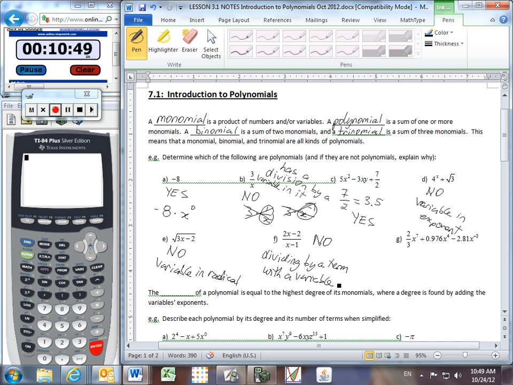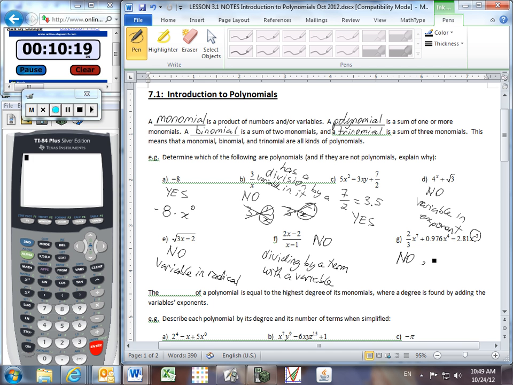And part G, this one is, let's look. Well, the first one is a monomial, isn't it? Because we've got a number, 2/3, multiplied by x to the power of 7. And the second term is a monomial because we got a coefficient, 0.976, times a bunch of x's. But the third one is not a monomial because it has a negative exponent. And we know that this means that it's -2.81 divided by x cubed.